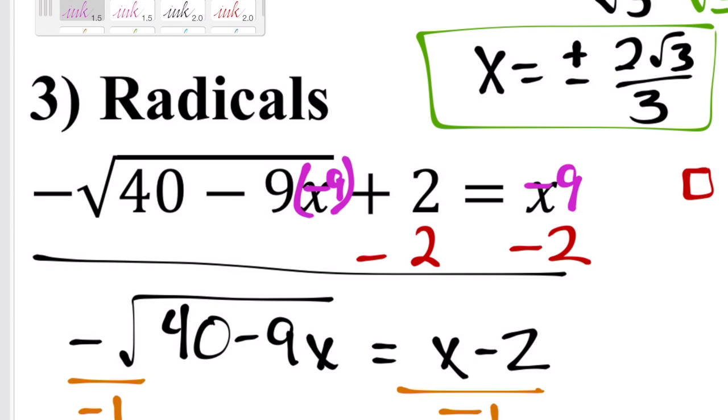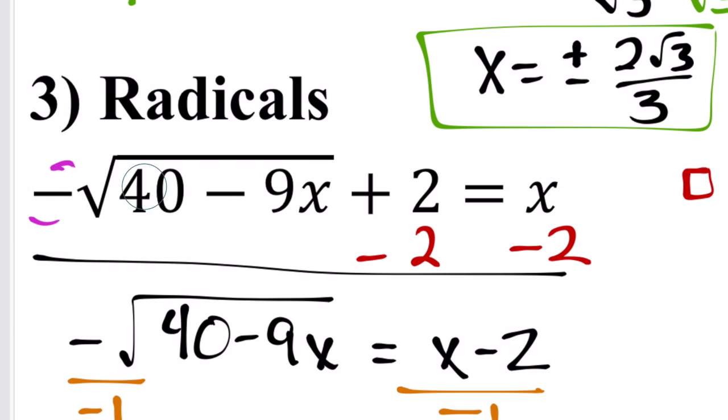And so 40, and then the 9 and the 9 would give me 81. So 40 plus my 81 would give me 121. The square root of 121 is 11. We have that negative on the outside, which would make it negative 11 plus 2, which would give me negative 9. So that works out.